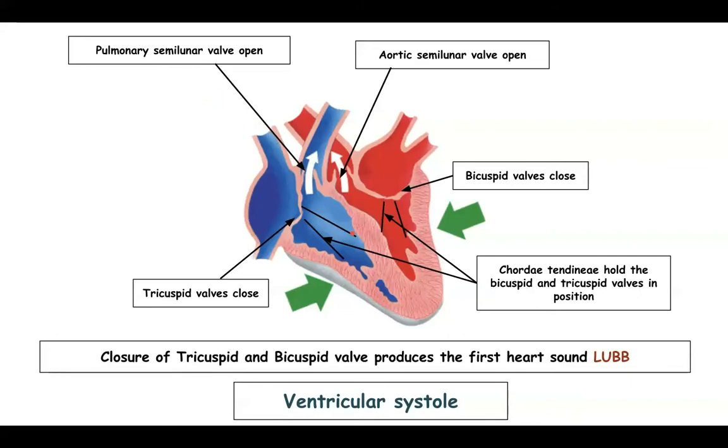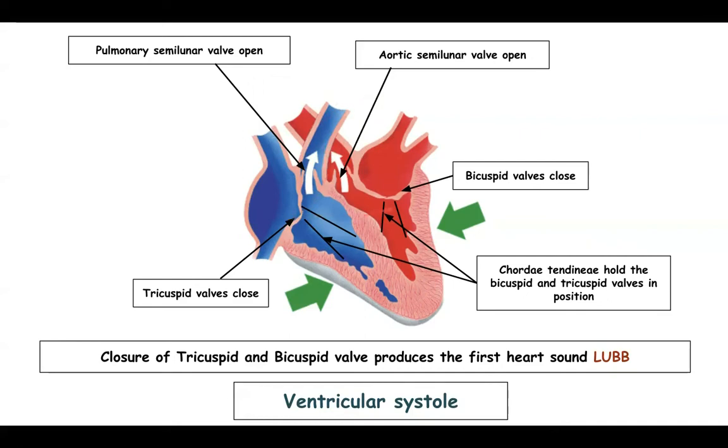From the right ventricle, the blood will now go to the lungs for oxygenation. Same way, when the left ventricle contracts, the blood will open the aortic semilunar valve and will be pushed to the entire body to supply oxygenated blood.